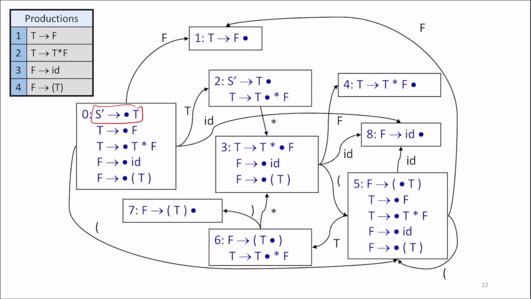Once I have crossed over and recognized every possible derivation that can start from the start symbol S prime, that means that's the only way I can get the dot to the right at the edge of this right hand side. So when I'm in this state 2, it implies that I have predicted every rightmost derivation that starts from T in this automata, as you can see, that we have constructed.